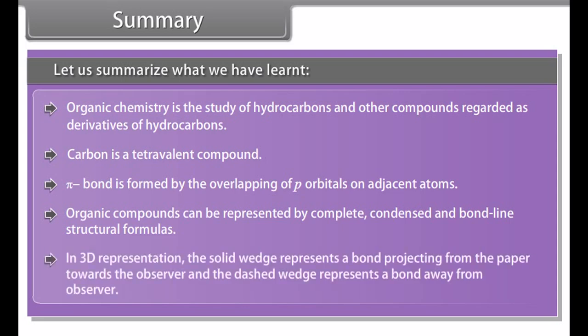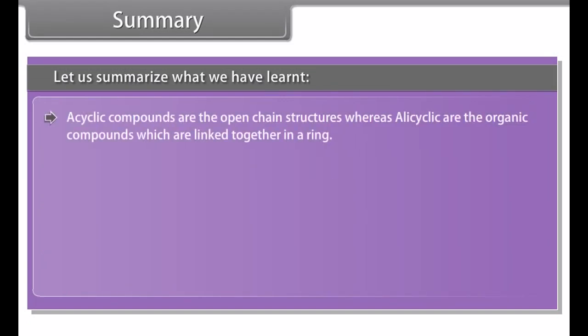In 3D representation, the solid wedge represents a bond projecting from the paper towards the observer, and the dashed wedge represents a bond away from the observer. Acyclic compounds are the open chain structures, whereas alicyclic are the organic compounds which are linked together in a ring.